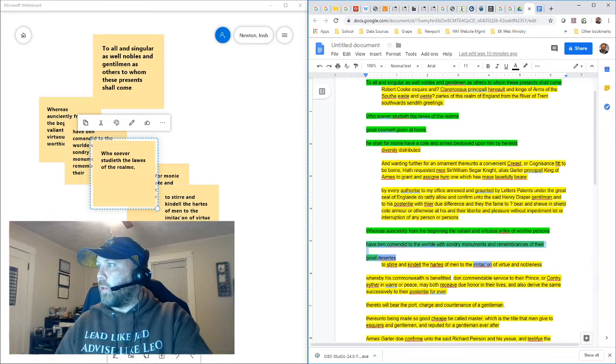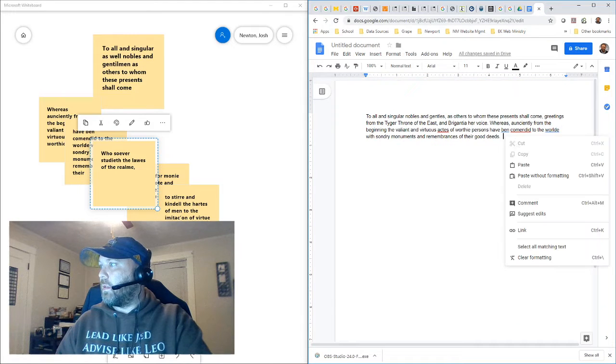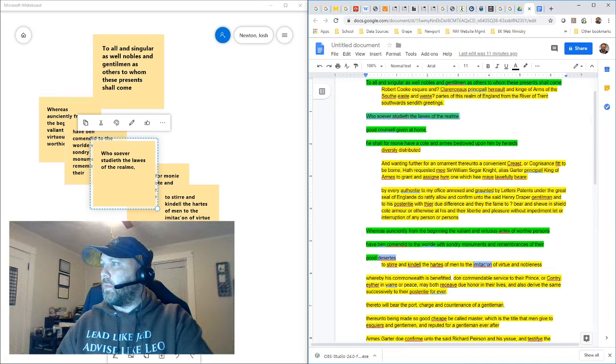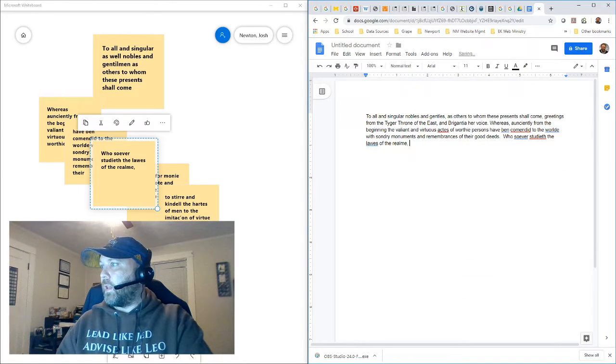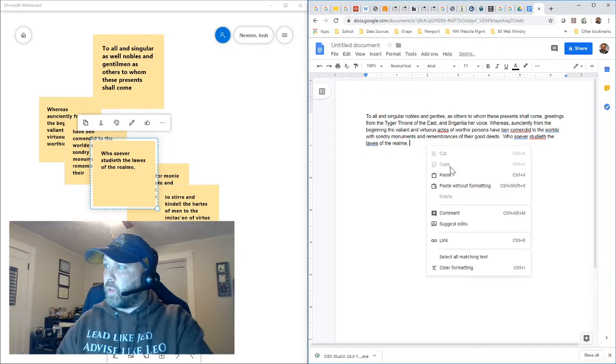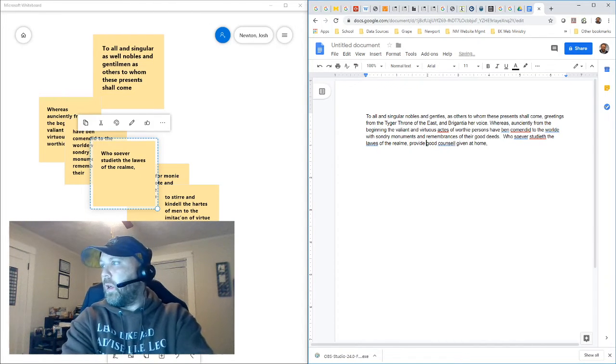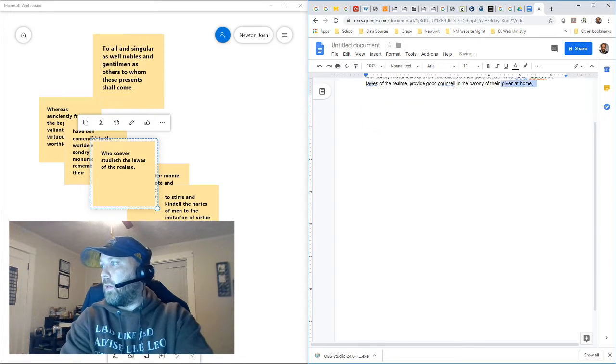Then next we're going to say "whosoever studieth the laws of the realm," and "good counsel given at home," and we're going to switch that around a little bit too: "provide good counsel in the barony of their home."